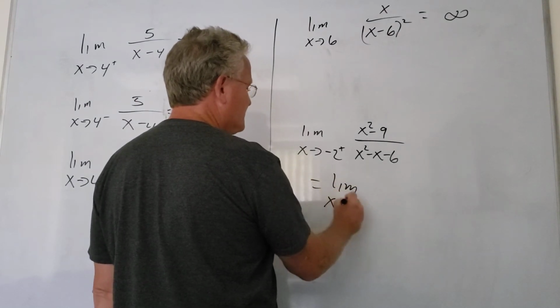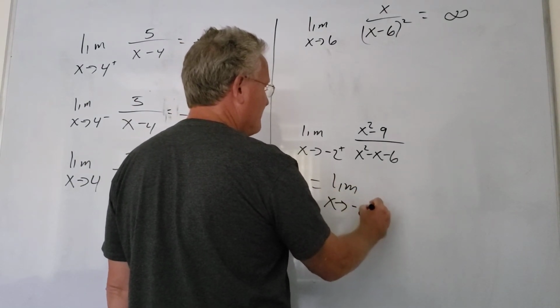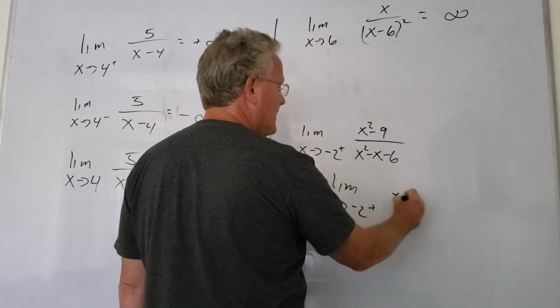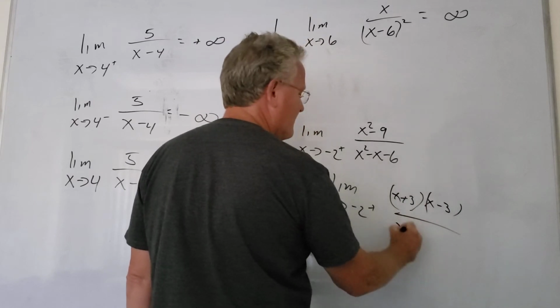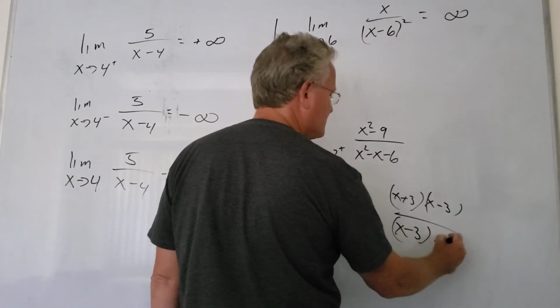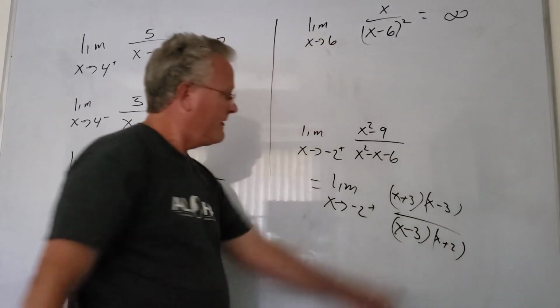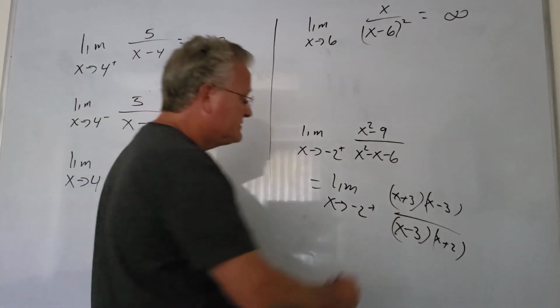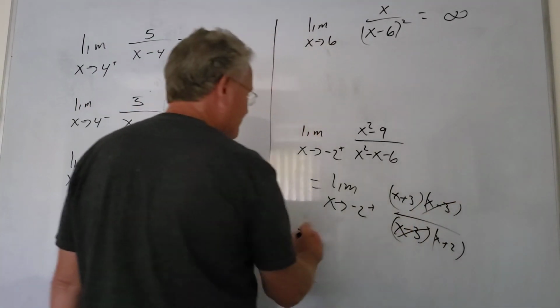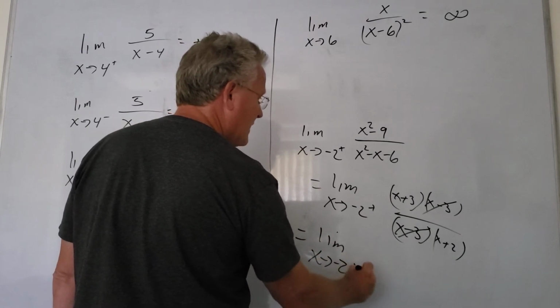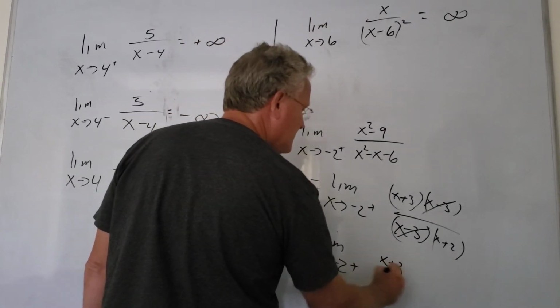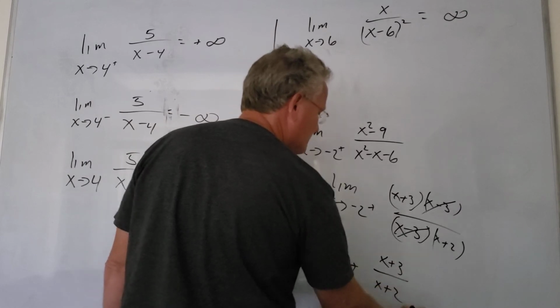We have the limit as x approaches -2 from the right. The numerator factors to x plus 3, x minus 3. The denominator factors to x minus 3, x plus 2. The x minus 3's cancel, and we're left with the limit as x approaches -2 from the right of x plus 3 over x plus 2.